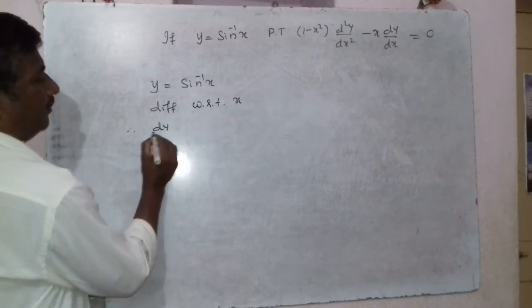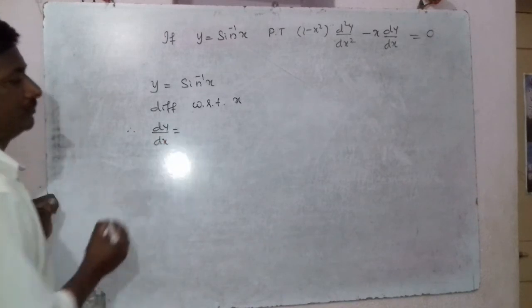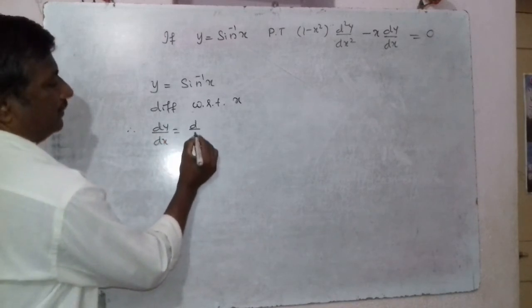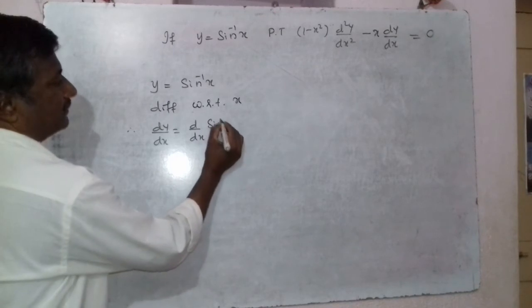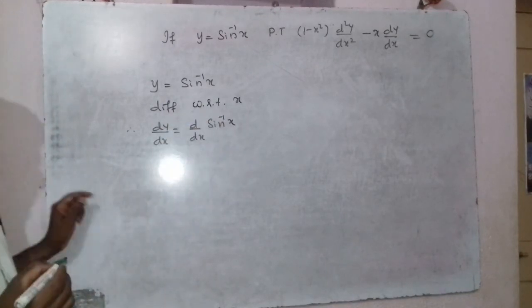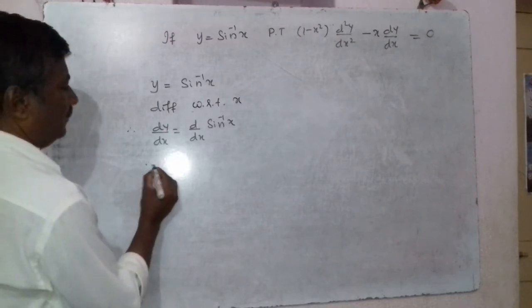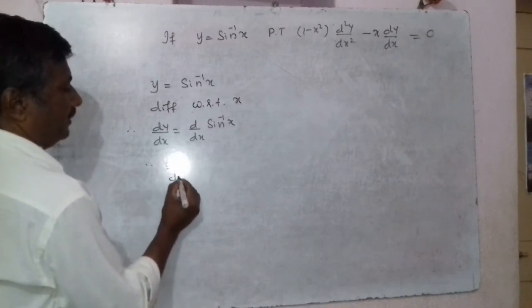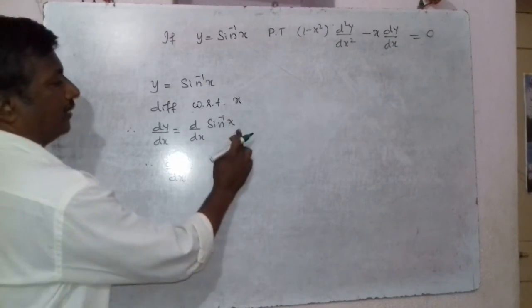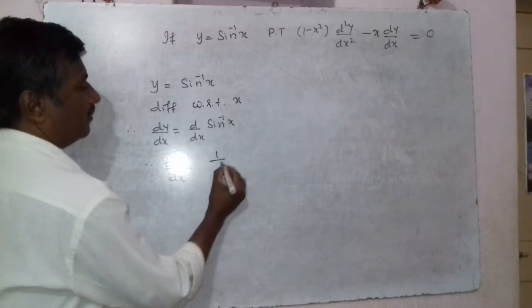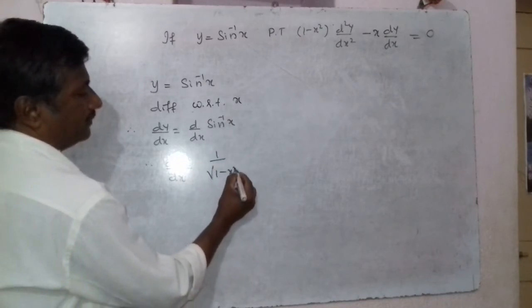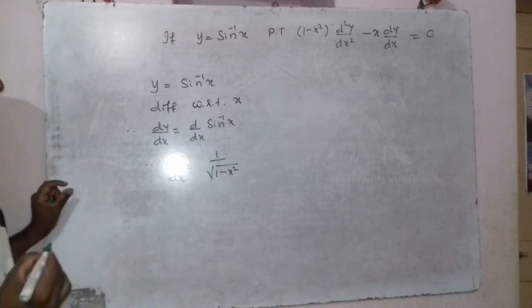Therefore dy by dx equals d by dx of sin inverse x. We know that the derivative of sin inverse x is 1 upon root of 1 minus x square.